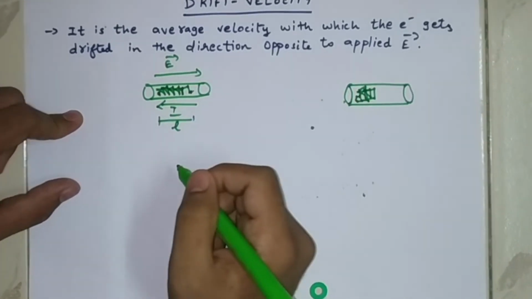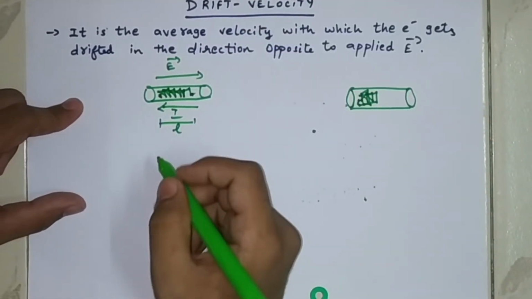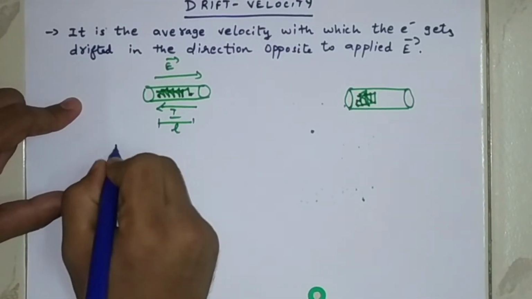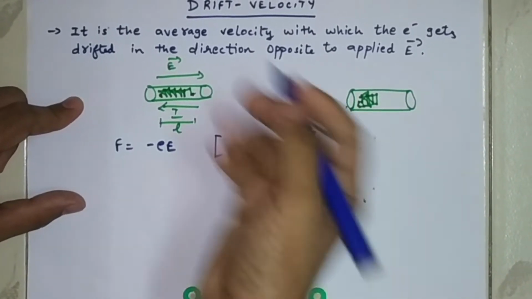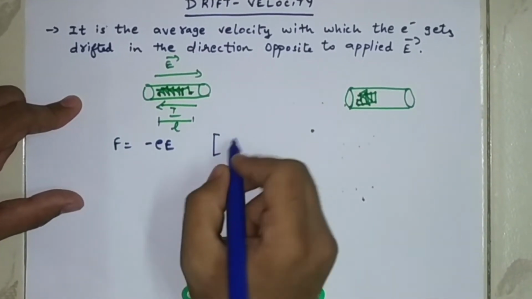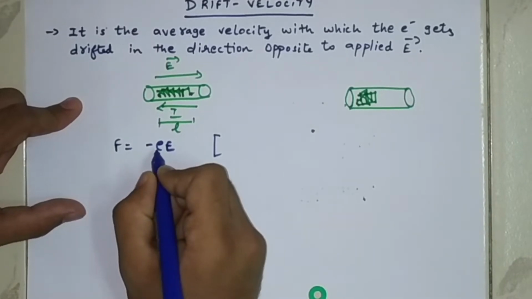When we apply an electric field, the force experienced by the electron we can write as F equals minus eE. This we get from Coulomb's law. We put a minus because of the negative charge of the electron.